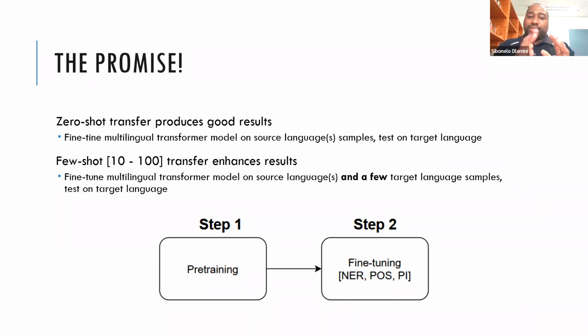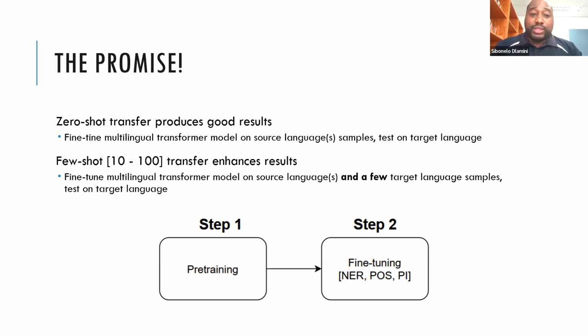And by few, we mean 10 to 100, and then evaluate it or use it for isiZulu named entity recognition, and the performance of that model will be enhanced from what we're able to achieve with zero-shot transfer.